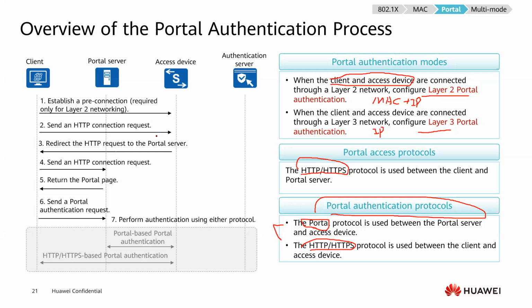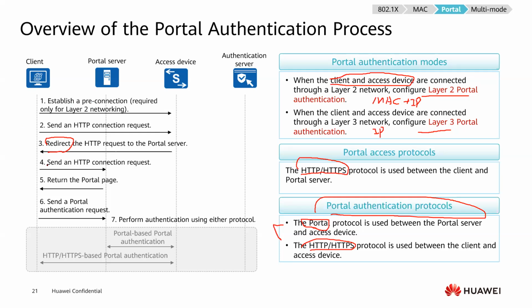When the access device receives this request, it will redirect the client to send messages to the portal server, because you need to enter the portal authentication to get to the website. So you need to communicate with the portal server first. It will use an HTTP request packet to redirect the client to the portal server.